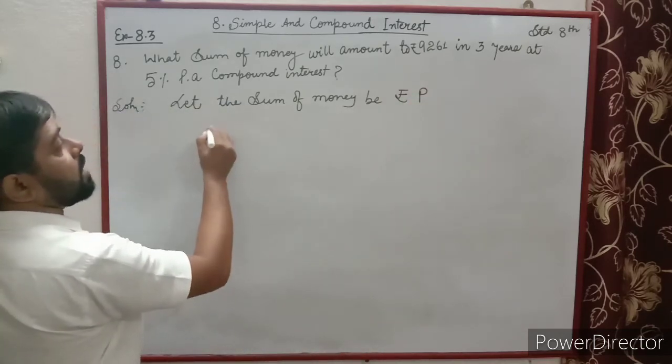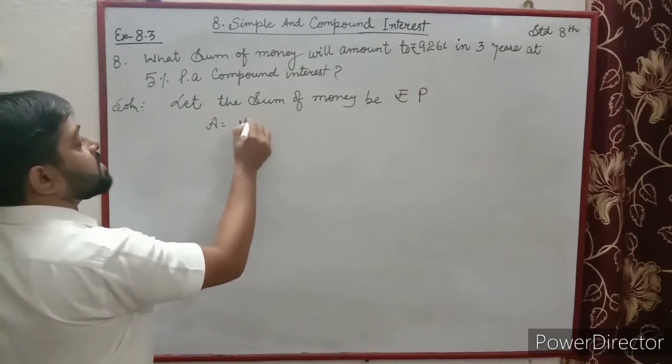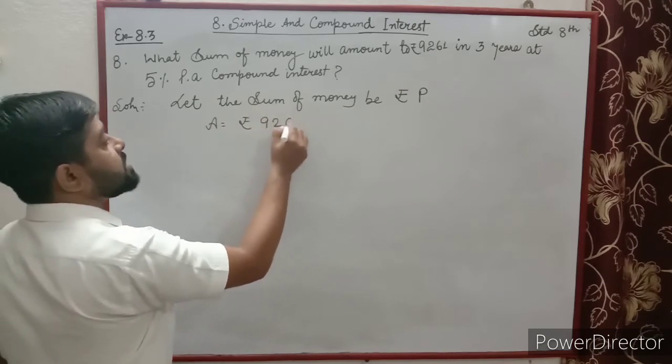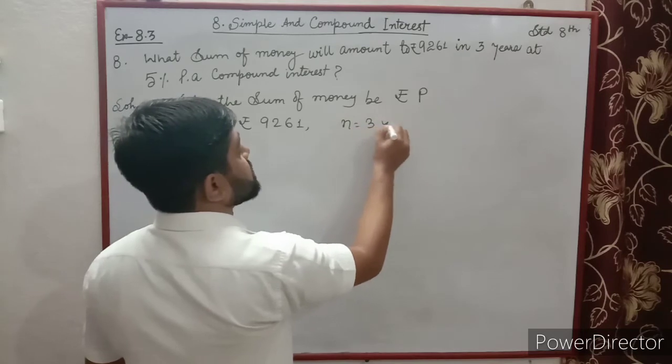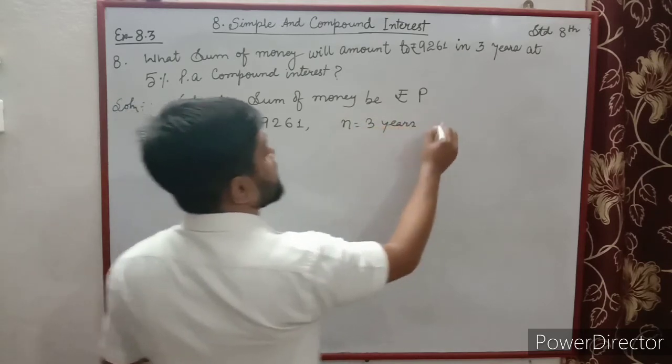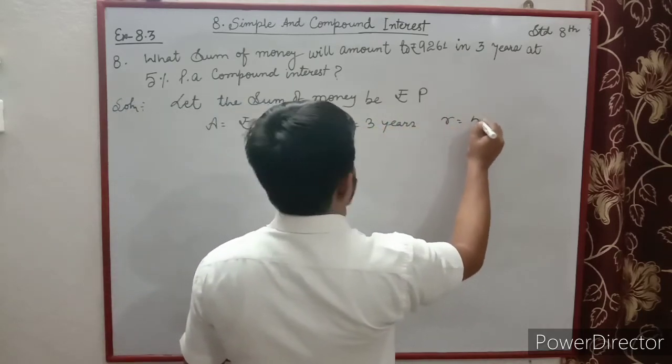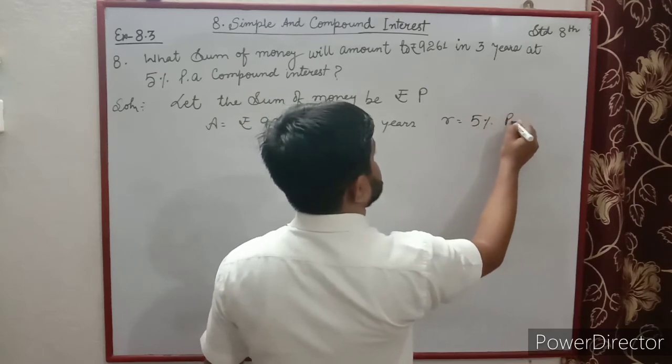Now amount is given 9,261 rupees, n is equal to 3 years, and rate of interest is given 5% per annum.